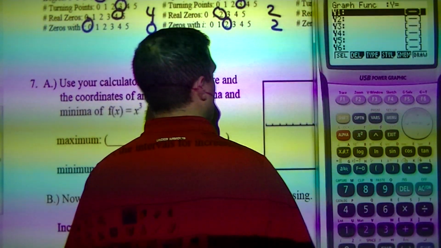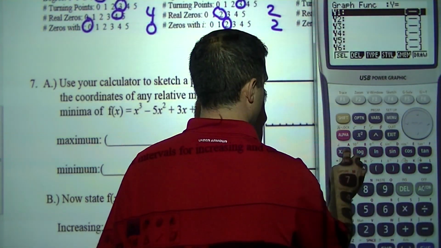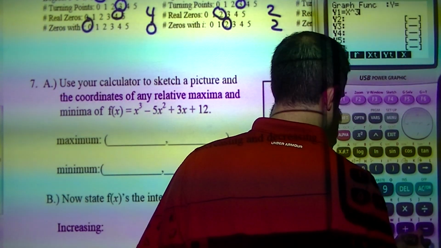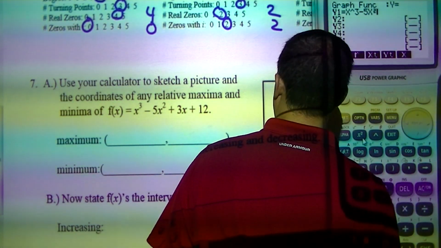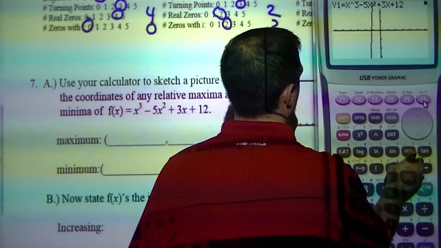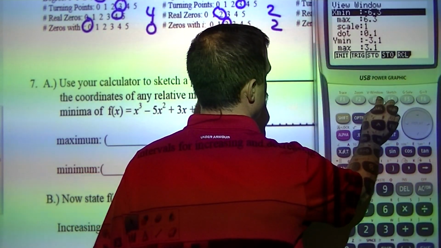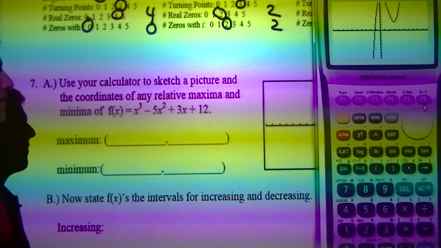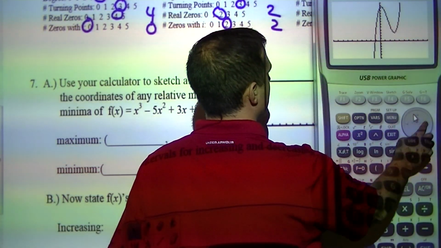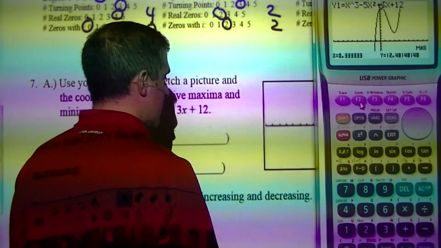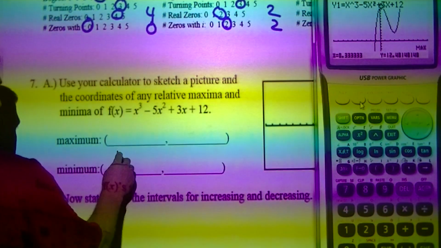All right, I'm typing in my function, which is x cubed minus 5x squared plus 3x plus 12. Okay, I'm drawing it. All right, F3, exit, draw. That fixes it. Now, if I want to find the maximum, I can just move that up a little bit. G solve max. My max is 0.3 comma 12.4.